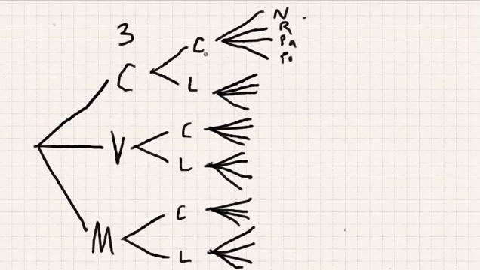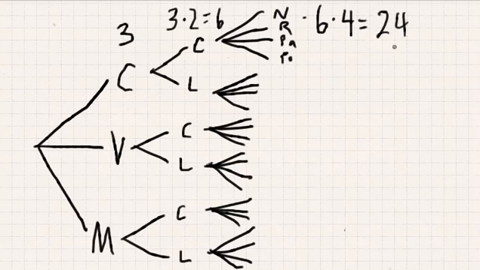For my second choice, I had two choices, but there were 3 initial first choices, so I end up with 3 times 2, which gives 6 total choices. 1, 2, 3, 4, 5, 6. Then finally, since I had 6 initial choices, and each of those led to 4 more possible choices, 6 times 4 is 24 final choices.